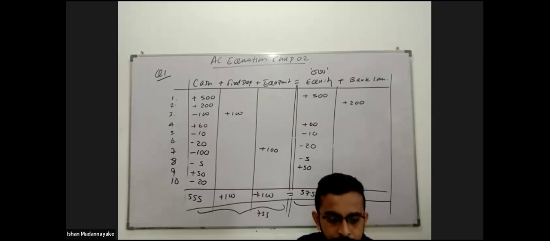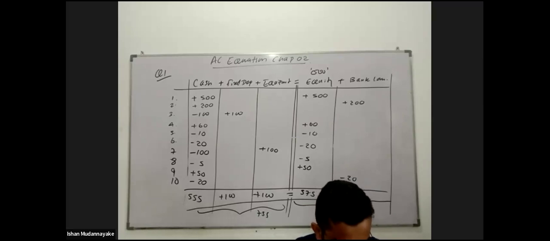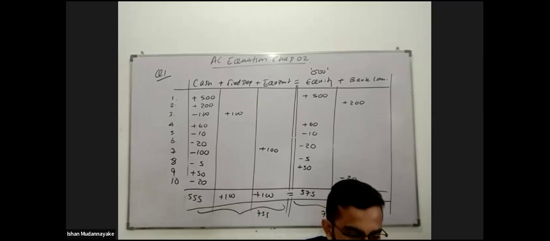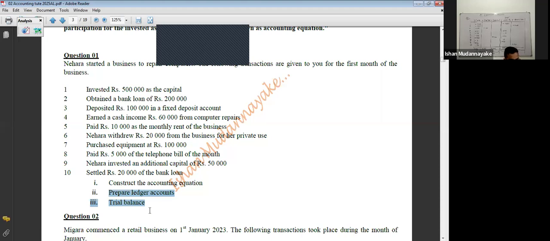And the students, for the question number 1, we'll prepare ledger accounts and then trial balance. Second, Roman number 2 and 3, prepare ledger accounts and prepare trial balance.